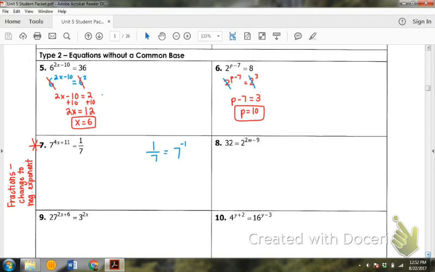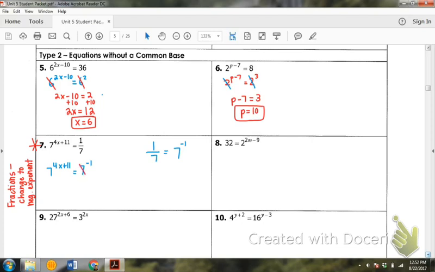So on this fraction over here, because 1/7 is not the same base as 7, all right? So I have to change the 1/7 to be a base. So if I change this to be 7 to the negative 1, now my bases are the same.